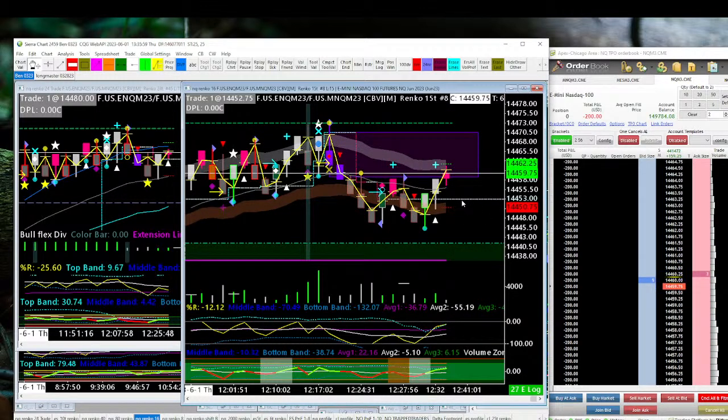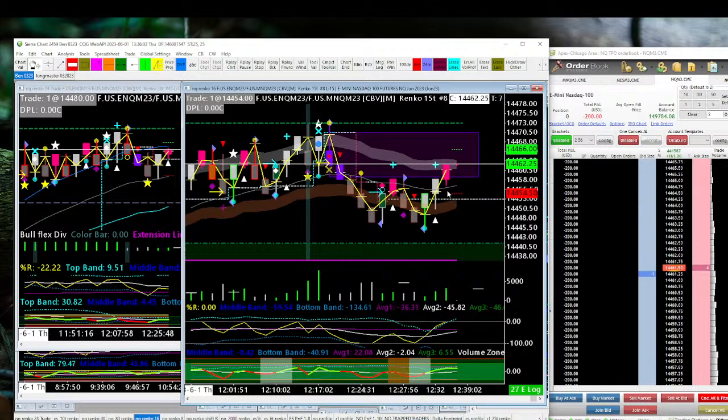The only thing you can do about it is get back in, and you have to be disciplined enough to decide how many times you're willing to take that trade. But it is just normal.